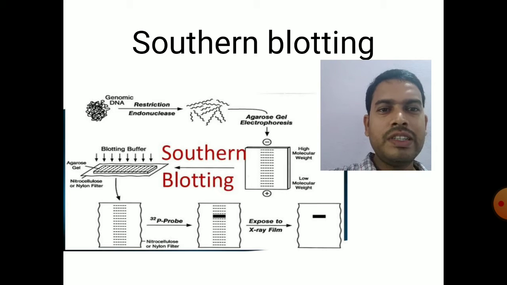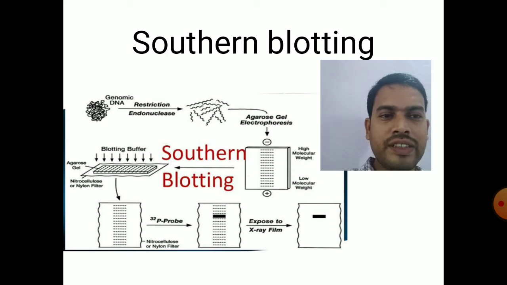These double-stranded DNA fragments are denatured to single-stranded DNA fragments. Here in the diagram it is not shown. Once the double-stranded DNA molecules are converted into single-stranded DNA fragments, they are subjected to agarose gel electrophoresis.